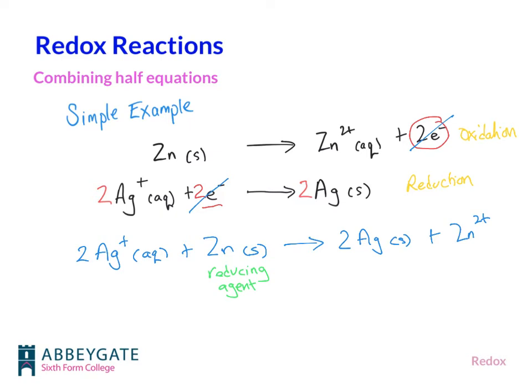It is being reduced, therefore the zinc is acting as a reducing agent. And on the flip side, the silver must be turning the zinc from zinc 0 to zinc 2 plus. So the zinc is being oxidized, so the silver must be acting as the oxidizing agent.